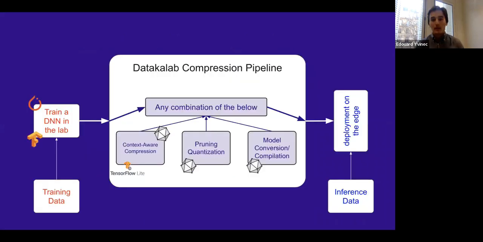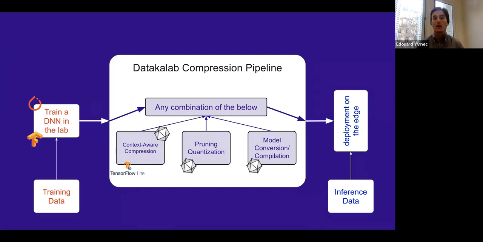So let's go into slightly more details. What we do at Datakalab can be split in three subcategories. If you're familiar with what's done at the tinyML presentations, you've heard about pruning, you've heard about quantization. So of course we do those. We have improved upon the state-of-the-art methods, but we also offer two other bricks.